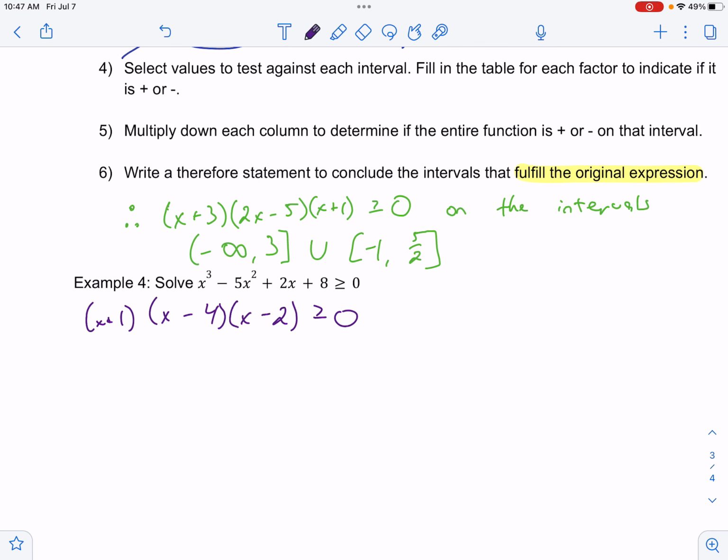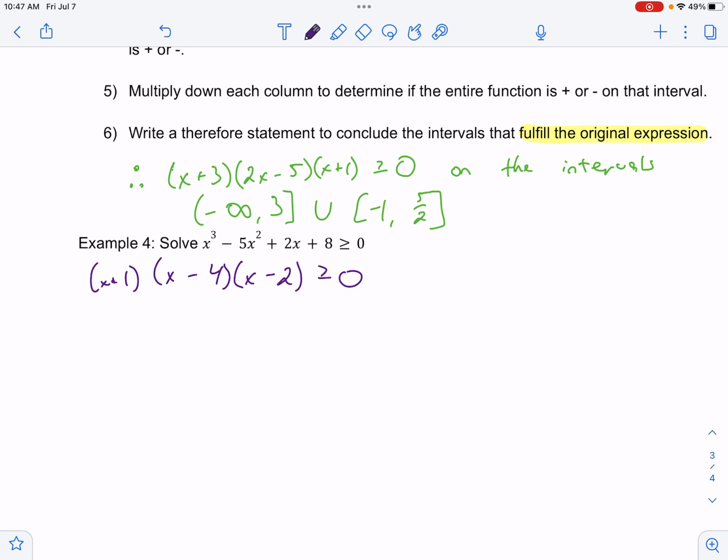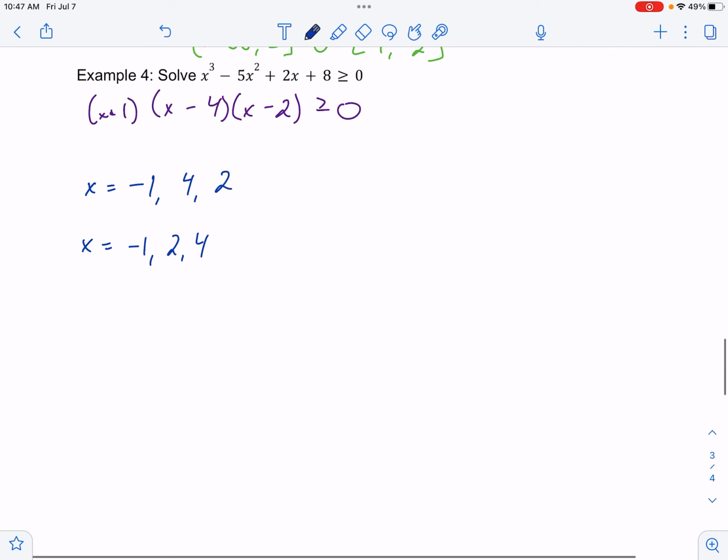Okay, what are our x-intercepts? Our x-intercepts are -1, 4, and 2. And we're going to rewrite them in ascending order: -1, 2, and 4. How many intervals do I need? 1, 2, 3, 4, 5, 6, 7.